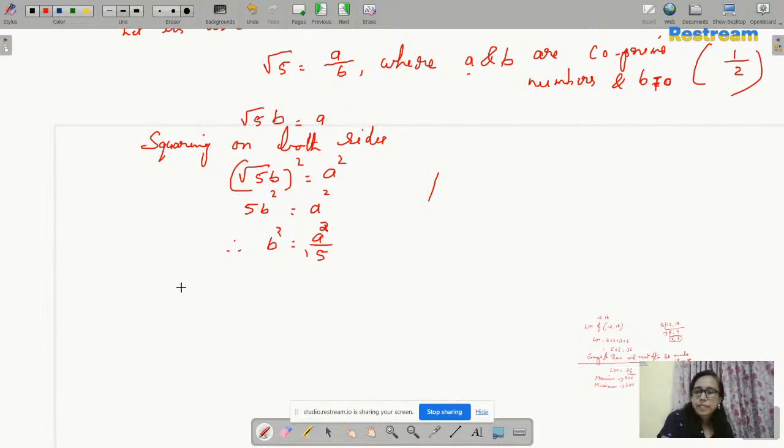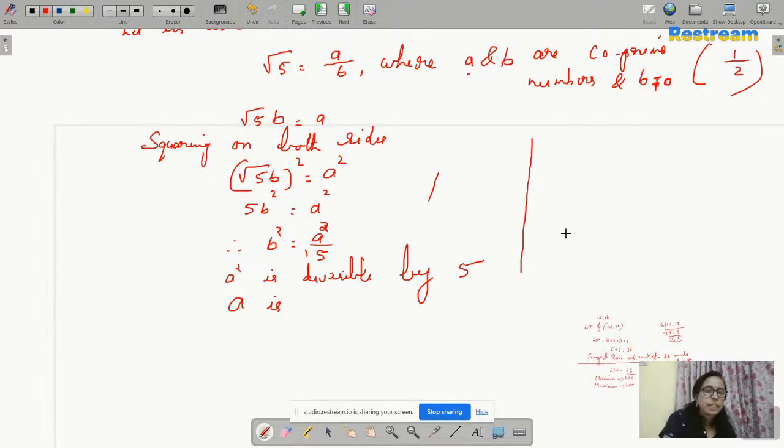So here we can say that 5 divides a square, so a square is divisible by 5. If a square is divisible by 5, we can write that a is also divisible by 5. You see that a is also divisible by 5.